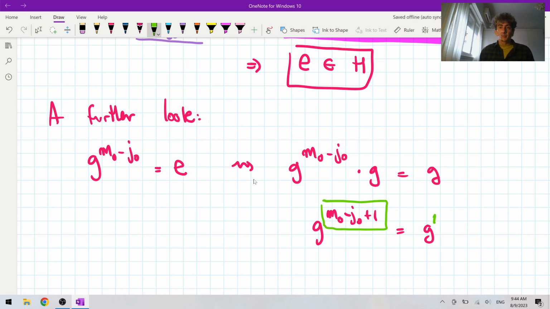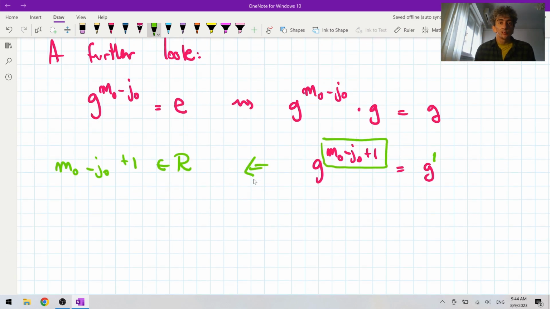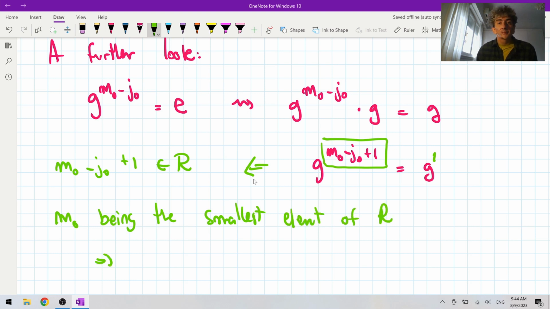So this means that M naught minus J naught plus 1 belongs to R. R consisted of the natural numbers which produce repetitions. Okay, so M naught being the smallest element of R gives that M naught should satisfy this inequality.